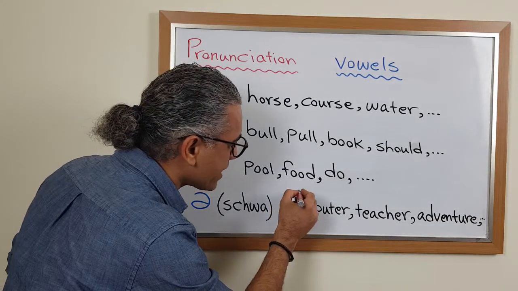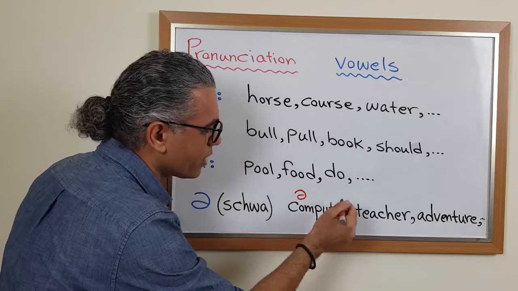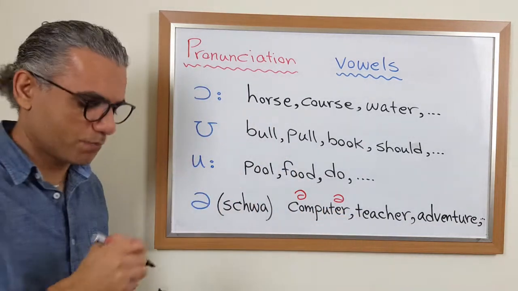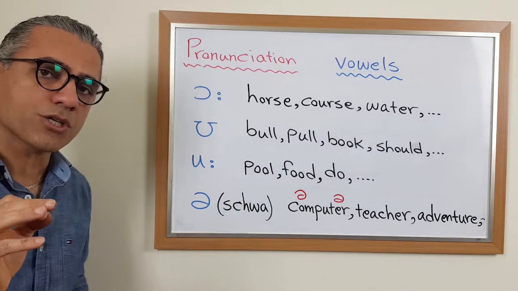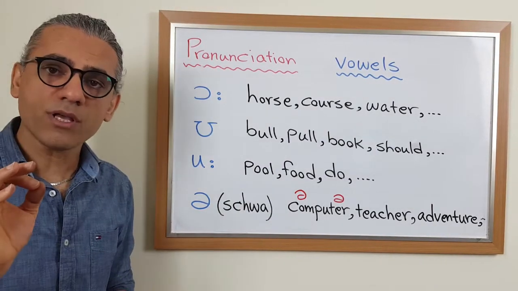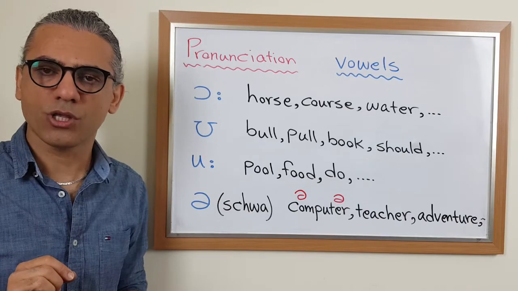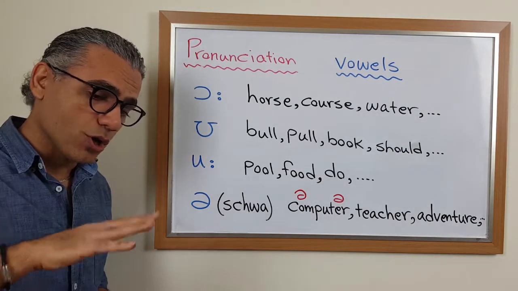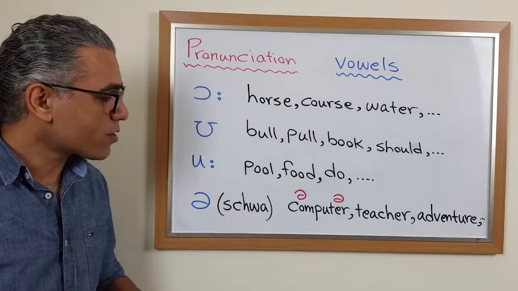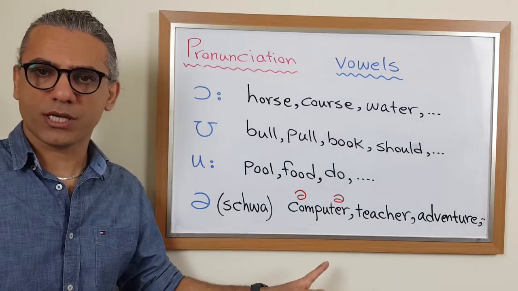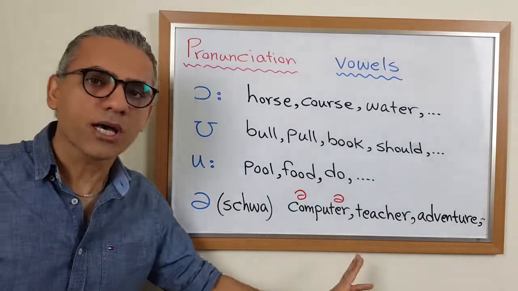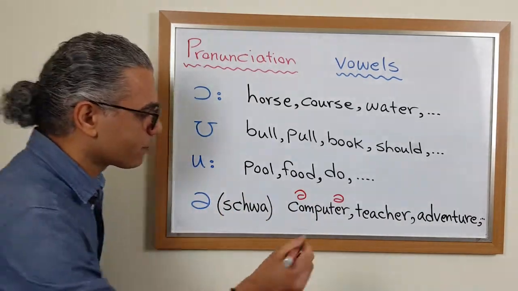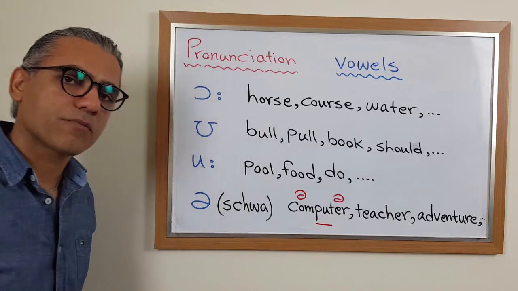The first one is here, com, and the next one is t. As you might know, stress is very important in pronunciation. We need to know where in the word we should put the pressure. So we don't say computer, we say computer. It means that the stress is here.